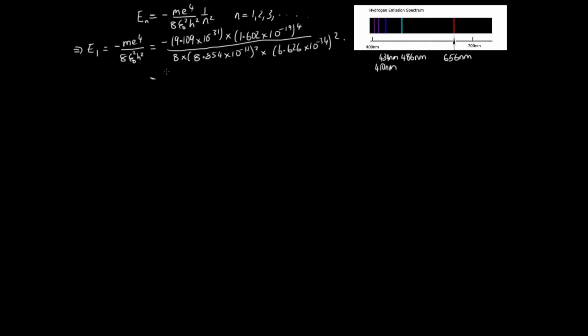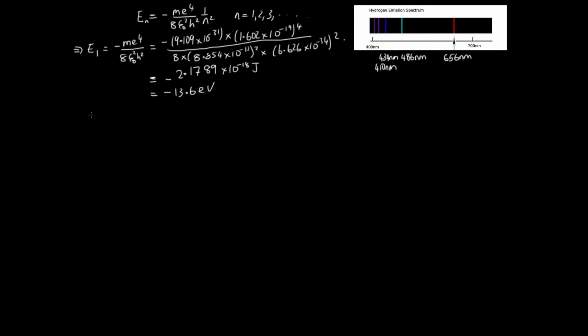So you can enter all that into your calculator. You might need to be a bit careful of the way in which you enter it, because you have some very small numbers here, large negative powers. When you do that, you end up with minus 2.1789 times 10 to the minus 18 joules, which we convert to electron volts, and we end up with minus 13.6 electron volts. So that's the energy of the ground state.